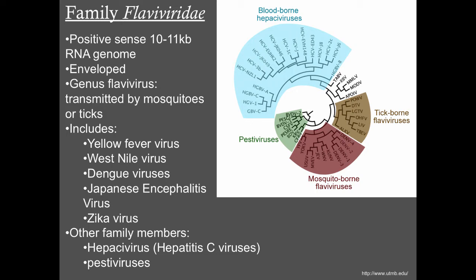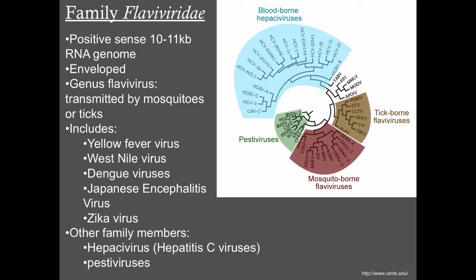Some of the more famous members of the Flavivirus family include yellow fever virus, West Nile, dengue, Japanese encephalitis, or Zika virus. There are also some kind of nasty tick-borne encephalitis viruses within the Flavi family that are out there lurking in the woods.